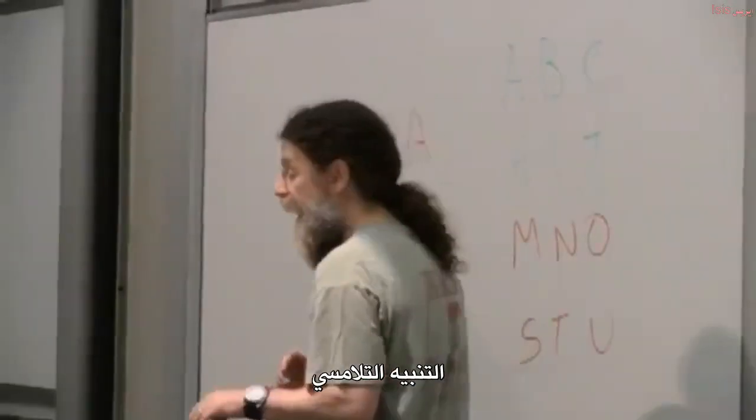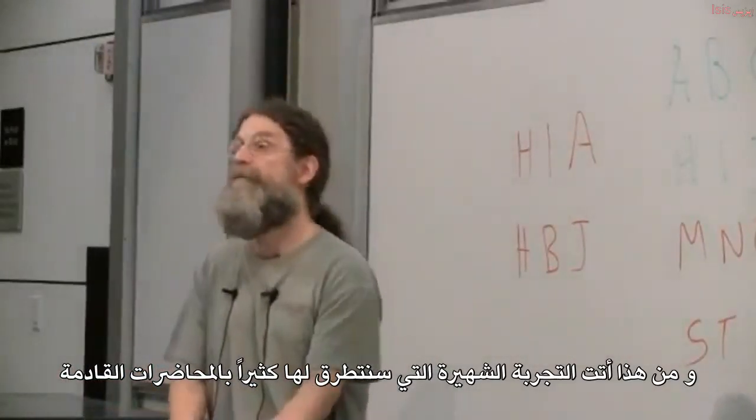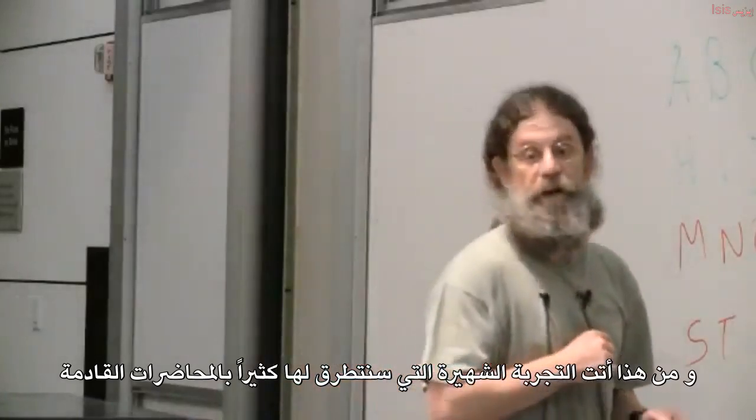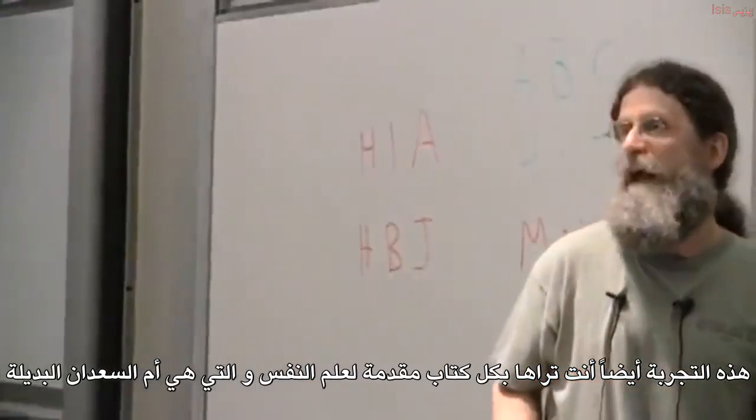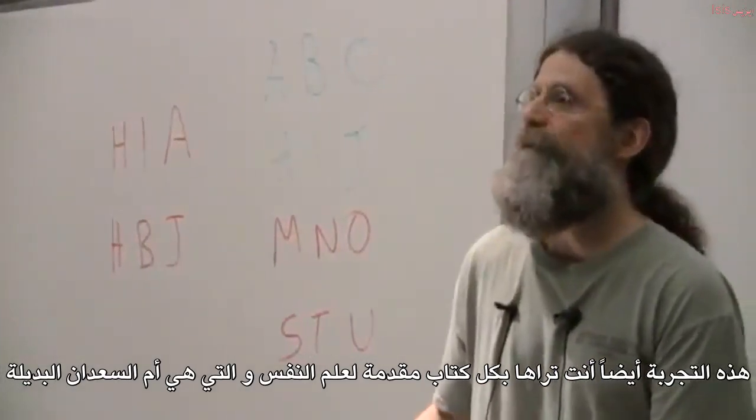Tactile stimulation. And out of this came one of the iconic experiments, and one we will come back to lots in lectures to come. This one you've also seen in every single intro textbook out there, which is the surrogate mother monkeys.